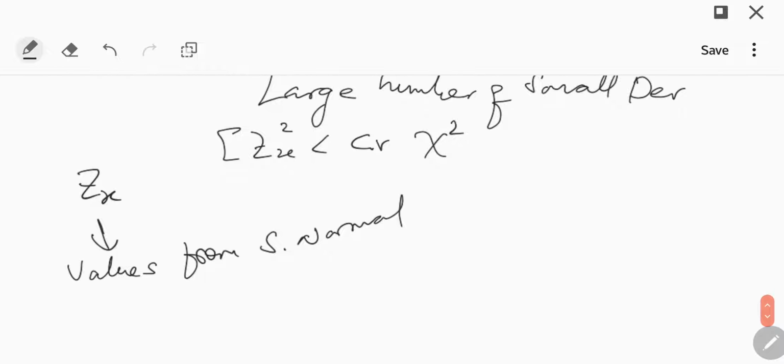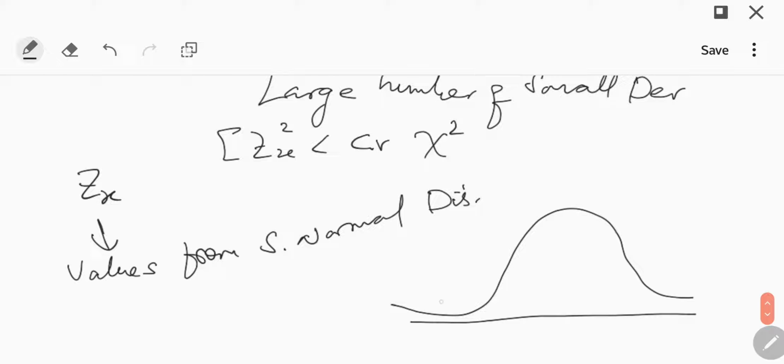So what I can very well do with them is split the whole typical normal distribution: minus 3, minus 2, minus 1, and then here I have 0, 1, 2, and 3.